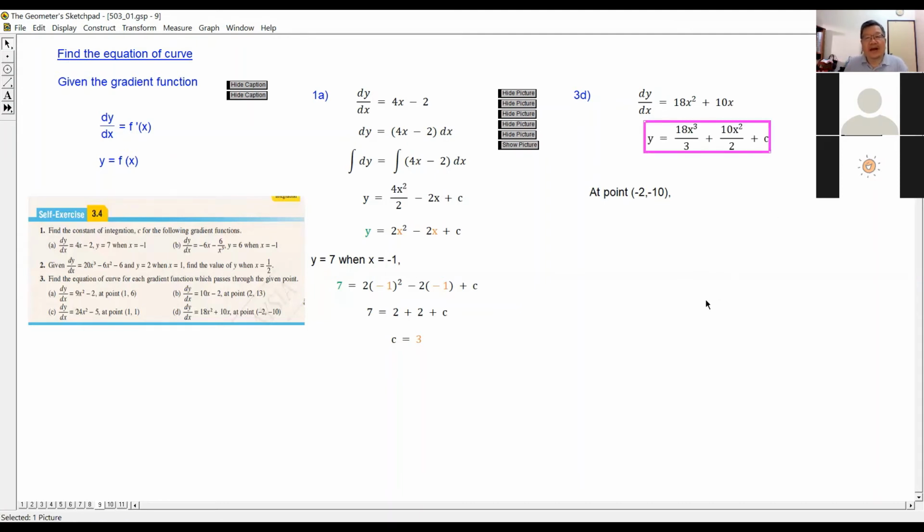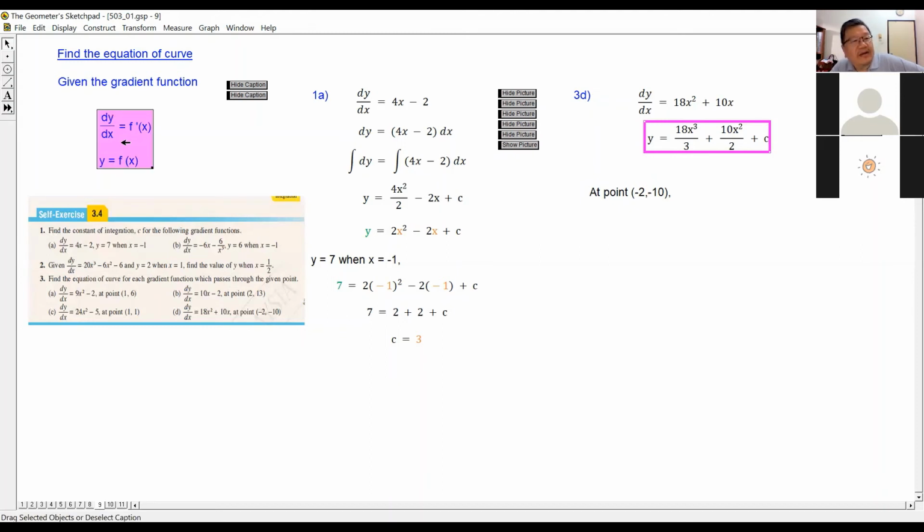See, I don't want to write down the integrate thing. I integrate straight away. Of course, you can still show this one, the integral of this thing, but here I skip. I'm going to show you after. I want to put back the integration sign here. So dy is something like this.